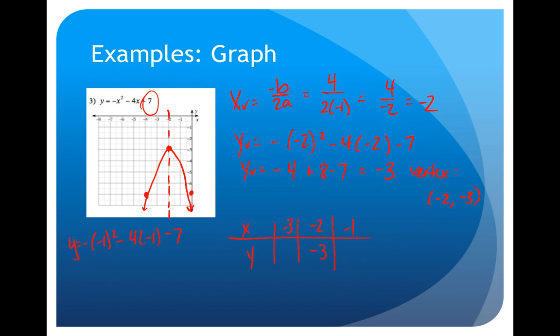So this is going to be the opposite of 1, so negative 1 plus 4 minus 7. So it's going to be a 3 minus 7, or negative 4. And then it's symmetrical, so it would be a negative 4 here as well. So it would be this point, which I would then reflect over to the other side. So just another way if you forgot about the y-intercept trick.